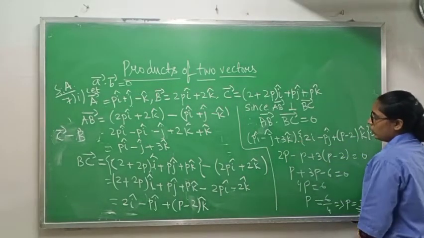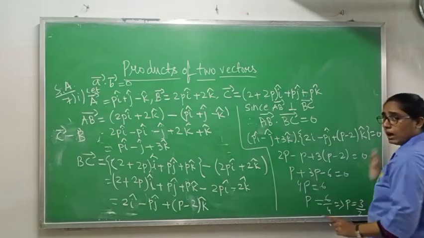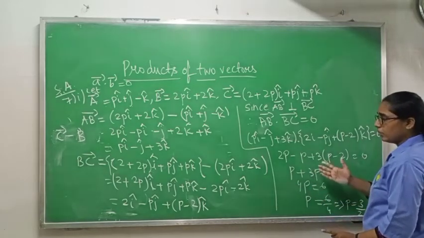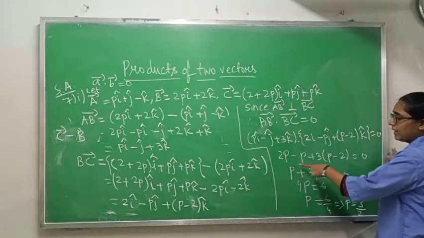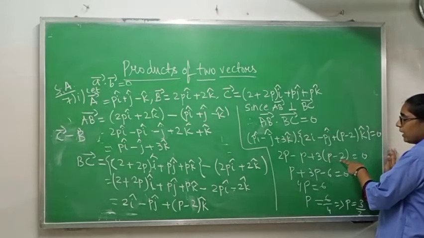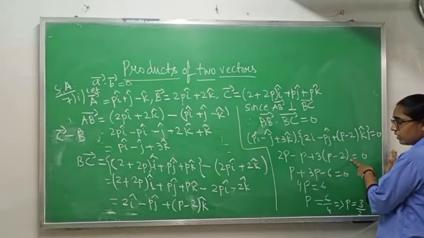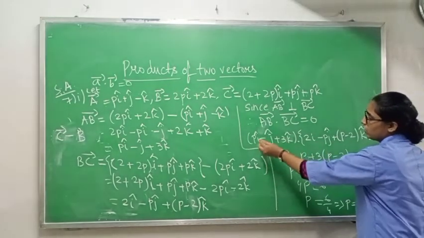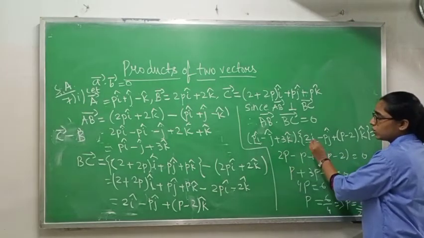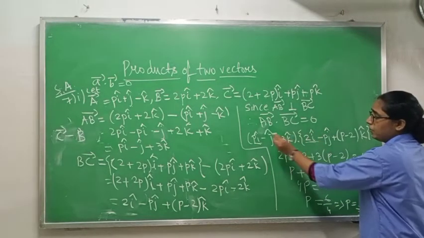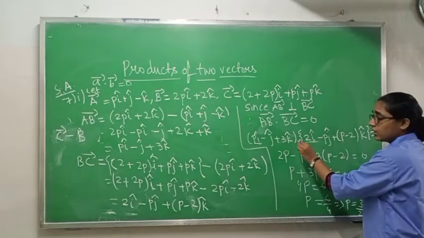Okay, now when you multiply, you know how to multiply. I am not telling you how because you have done it in the last class already. So you will get 2p minus p plus 3p minus 2... Okay, it's very simple. p into 2i, how much will you get? 2p only, because i cap into i cap will give you 1, because it is a dot product.